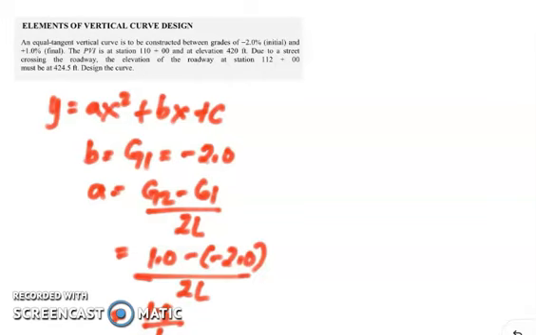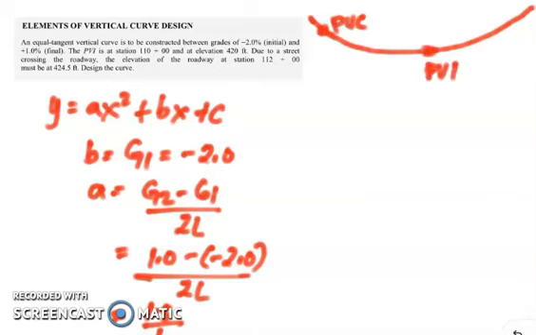We have to take note that our C from the parabolic equation of the vertical curve is the elevation of our PVC. So the elevation at PVC is equivalent to the elevation of PVI plus G sub 1 times 0.5 of L. If this is our curve, we have here our PVC, and this is our PVI.